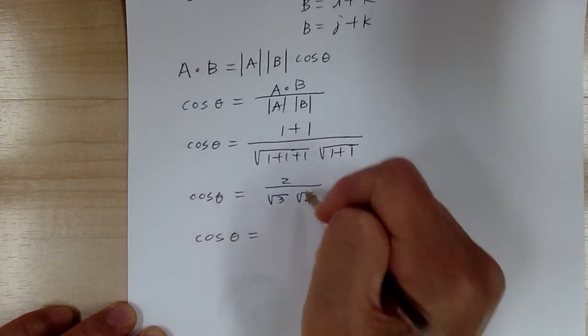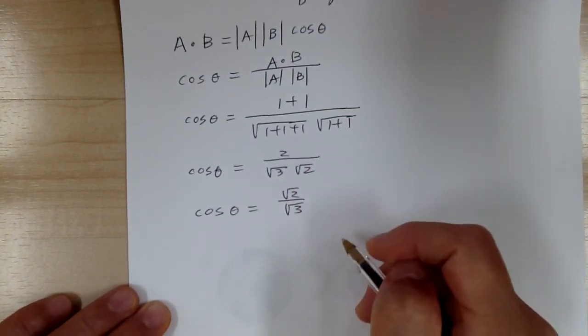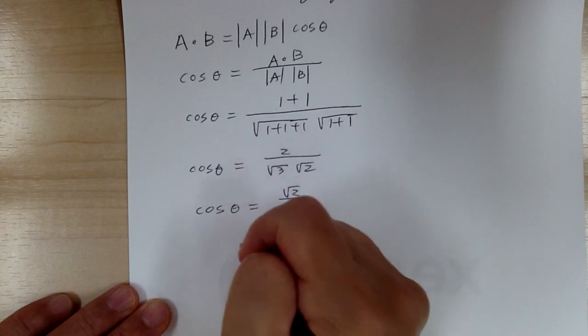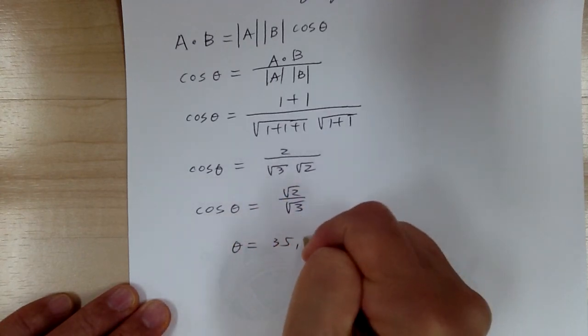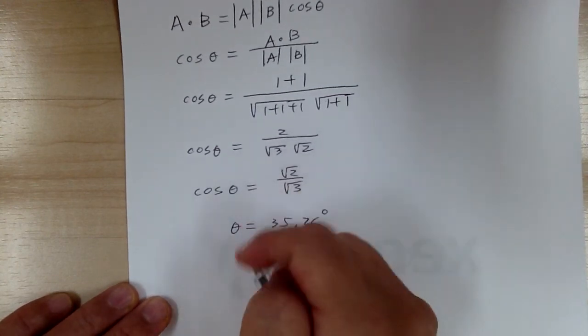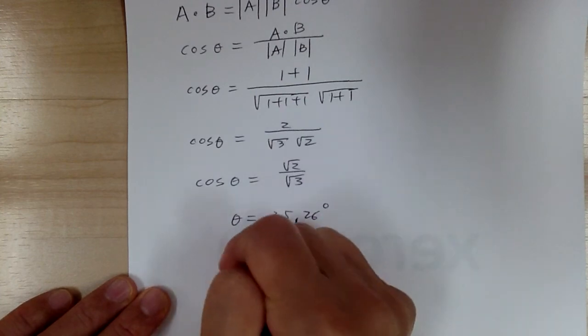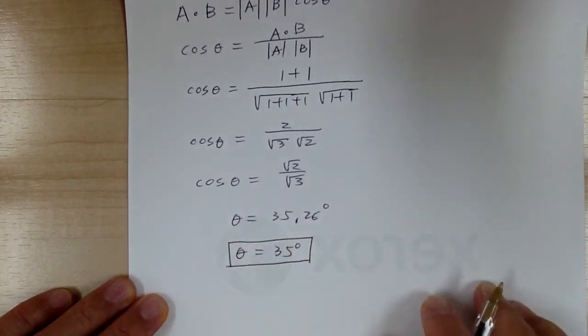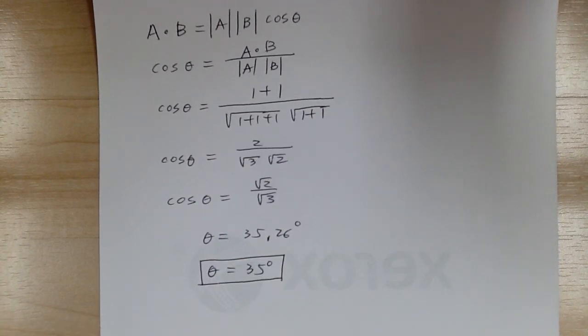So if you simplify that, you're going to get square root of 2 over square root of 3. Now, if you use your calculator, theta will equal to 35.26 degrees. And if you round it off to the nearest degree, theta equal to 35 degrees. Okay, so that would be the angle between the diagonal of a cube and the diagonal of the face.